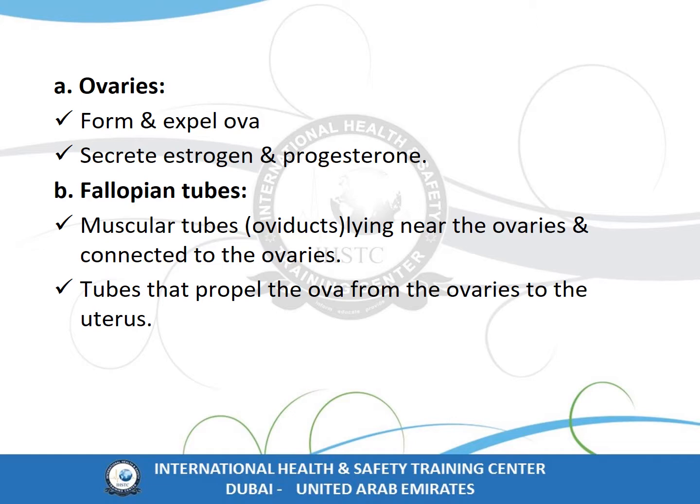At birth, it contains several hundred thousand Graafian follicles that are embedded in connective tissue. Between menarche and menopause, one follicle matures each month, ruptures from the ovarian surface, and is expelled into the pelvic cavity, from where it enters the fallopian tube. The main functions of the ovaries are to form and expel the ova and to secrete estrogen and progesterone.